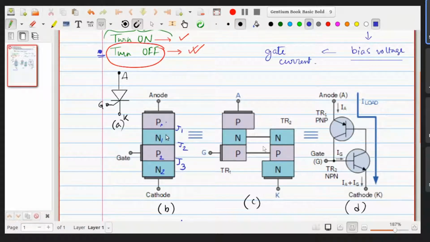And now, to understand the device properties, we imagine that these N1 and P2 layers are split into N1 and N1 dash, and P2 and P2 dash, as in figure C.